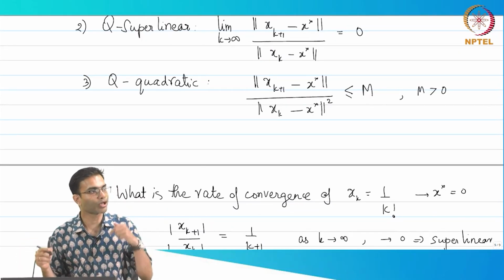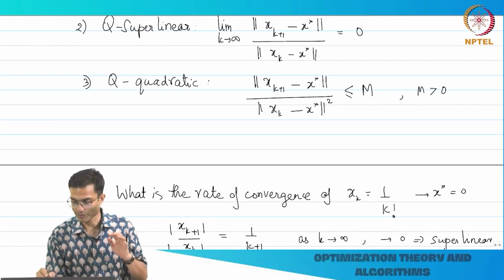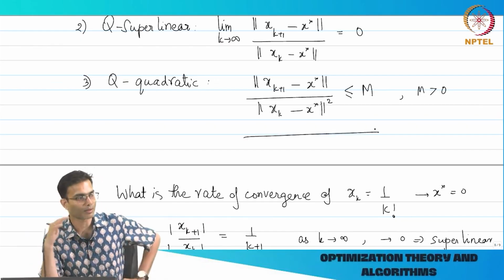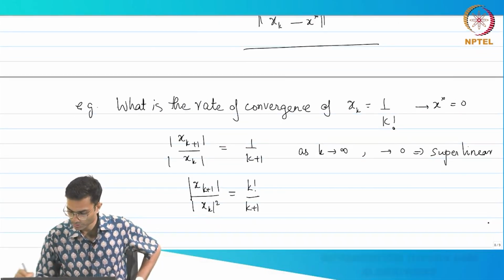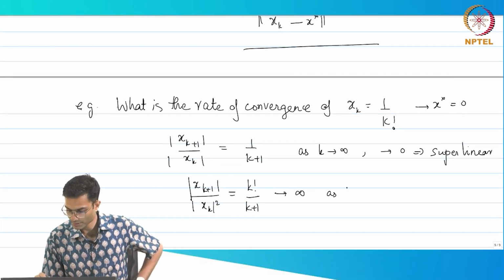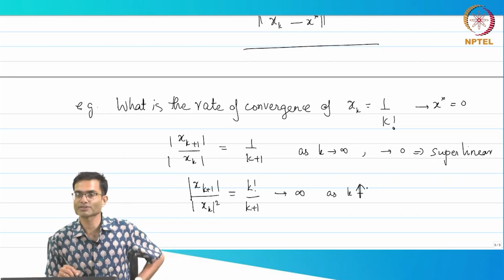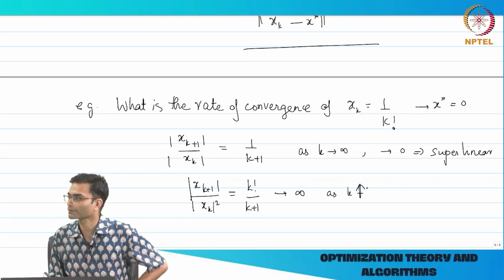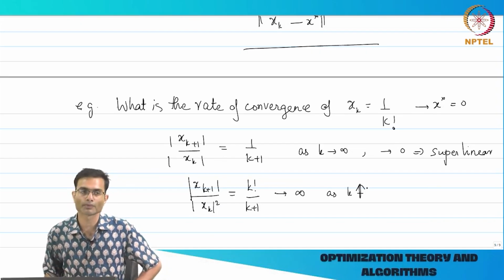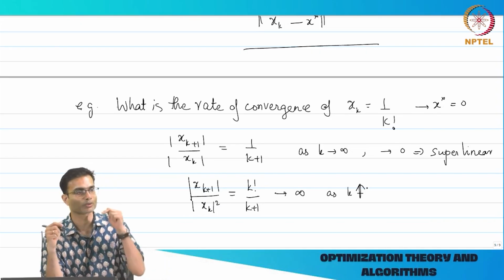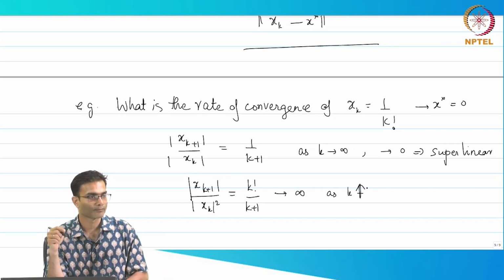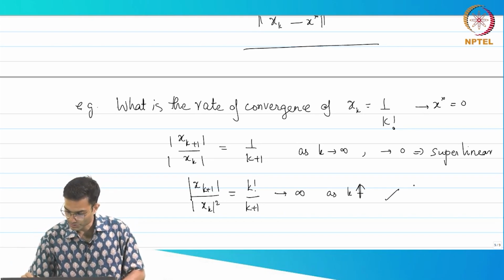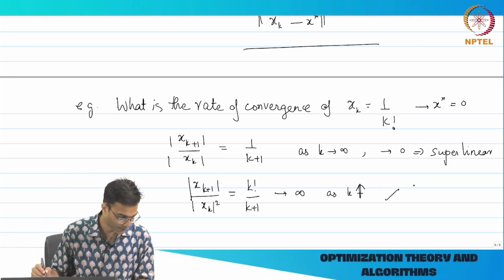It's not going to a positive number. It's not, for example, being upper bounded by some constant number, right? So this is actually infinity as k increases, right? So therefore this sequence does not have quadratic rate of convergence, it has superlinear rate of convergence. You will find always that it's going to be only one of them, it's not going to be both at the same time. Okay. So this is an example over here.